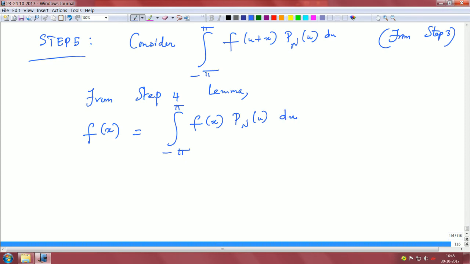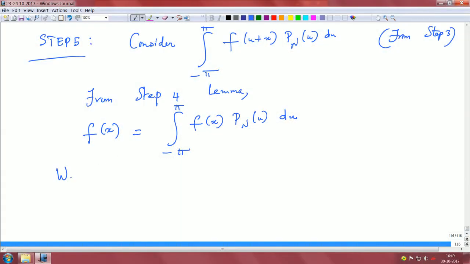Trivial, right? I just folded f of x inside, because integral minus pi to pi Pn of u du is 1. So, just observe that I am integrating with respect to u, not x.